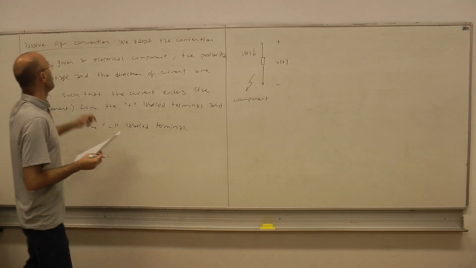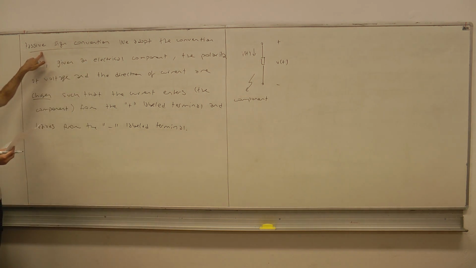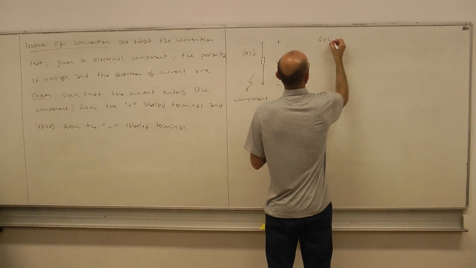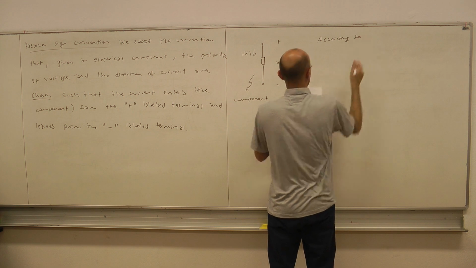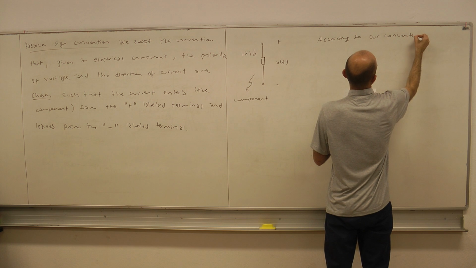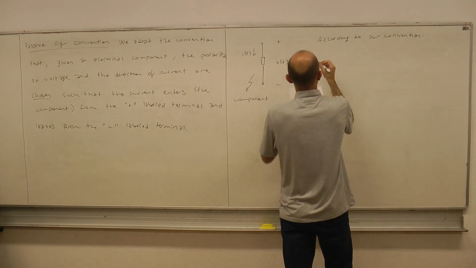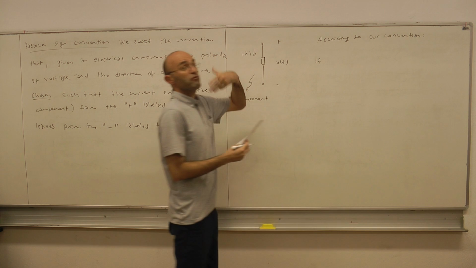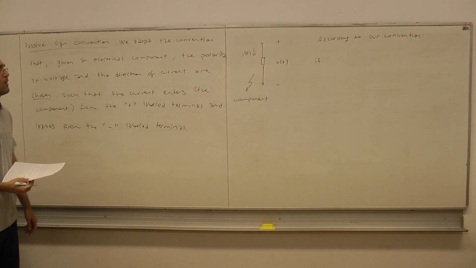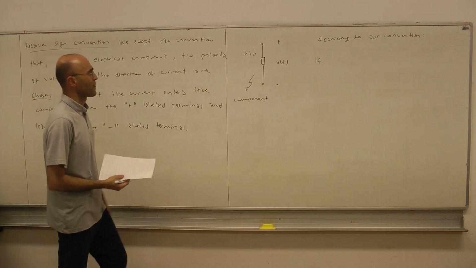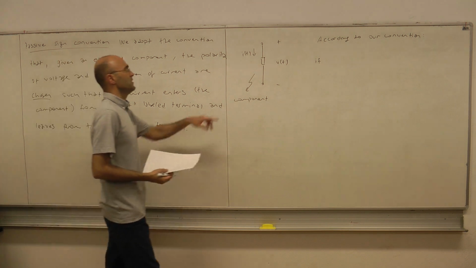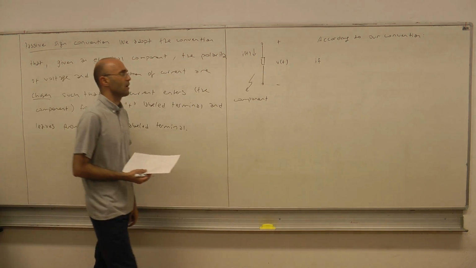Now, what's the use of following this convention? Here is the use. Suppose you follow our convention and you compute or measure the current and voltage of this component, and then you compute the power, which we said is the product of those two, the current and voltage.